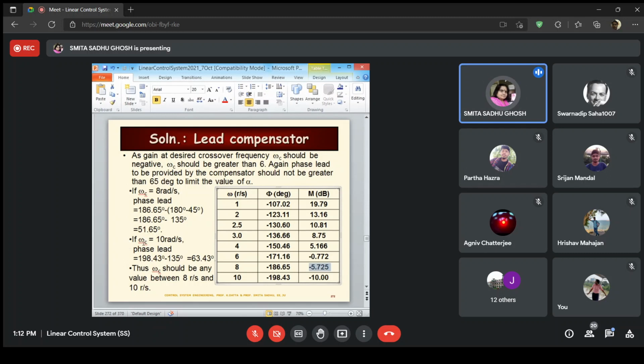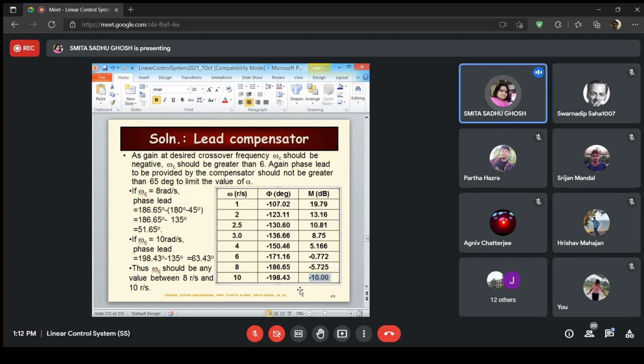Similarly, if the desired gain crossover frequency is chosen as 10 radians per second, what is the situation? The amount of gain that I want from a compensator is plus 10, so that minus 10 and plus 10 makes it equal to 0 decibels and makes that frequency the gain crossover frequency.